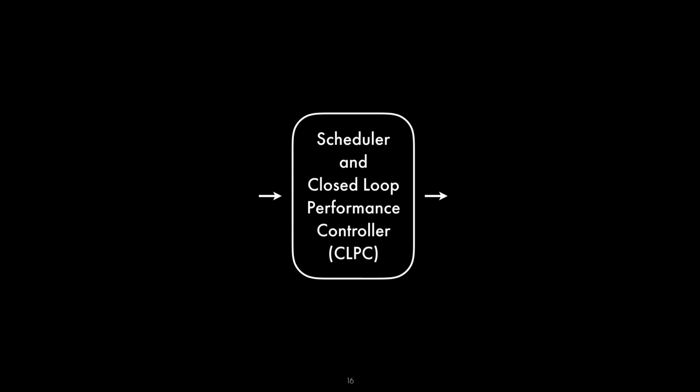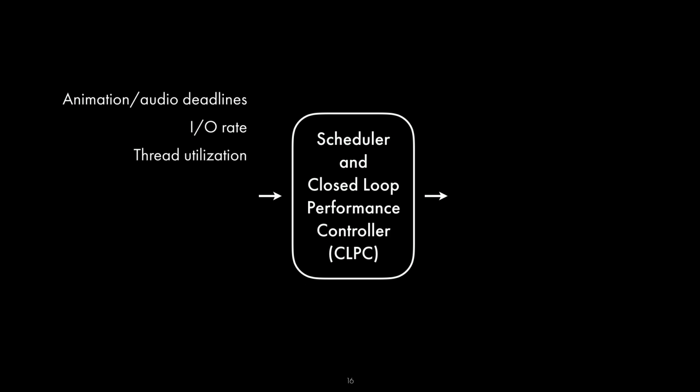There is this thing called the Closed Loop Performance Controller, CLPC. It is a closed source part of the XNU kernel and closely integrated with the scheduler. It takes a number of factors into consideration as inputs. So it considers audio deadlines, the I/O rate, how fast you're reading from the network or from disk, thread utilization, which is probably what most of you think would be the main input here.